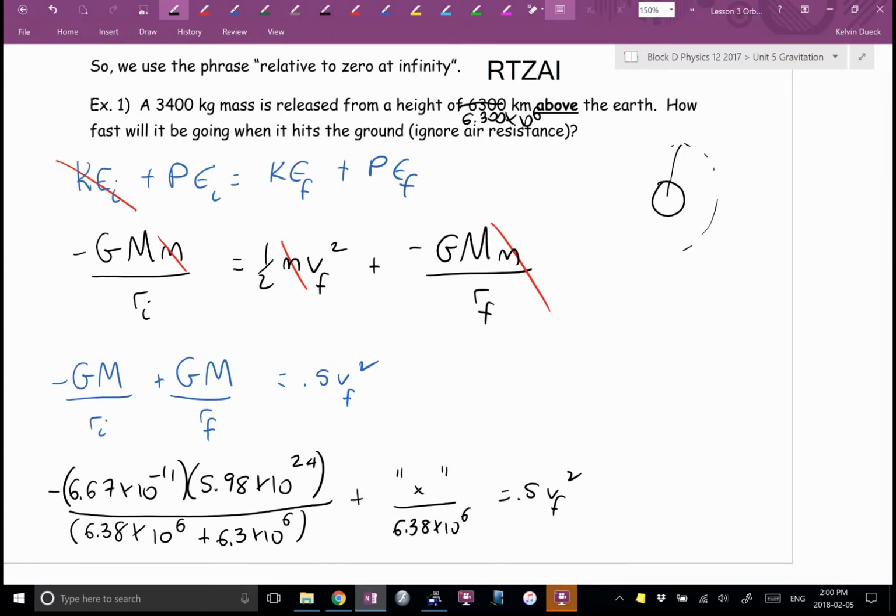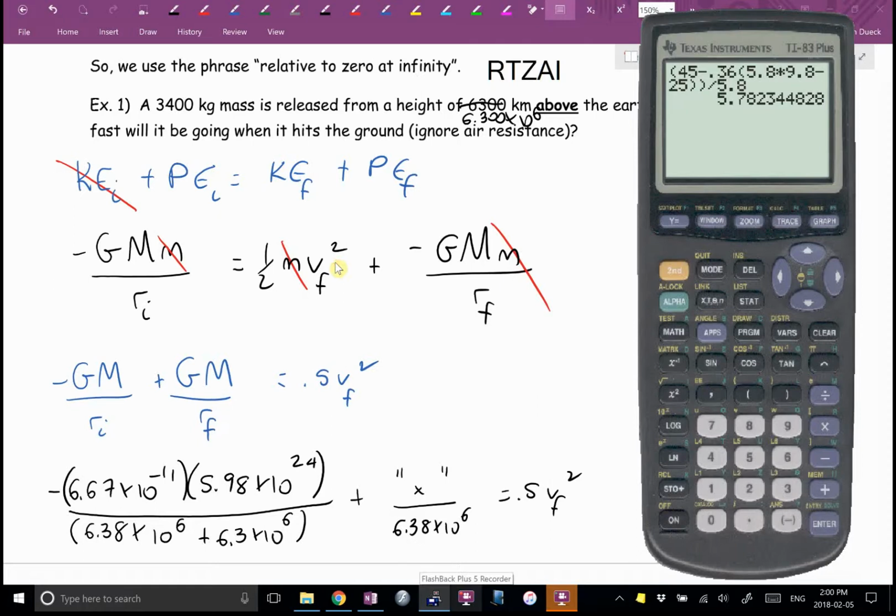No yet. I want all of you to follow me step by step on your calculator, for a reason. You'll see why in a second. Clear. Negative 6.67, scientific notation button, negative 11. Type that with me. Times 5.98, scientific notation button 24.